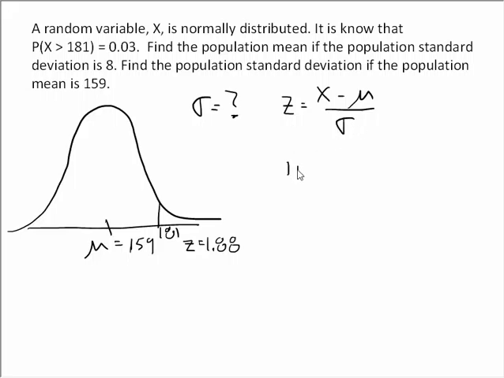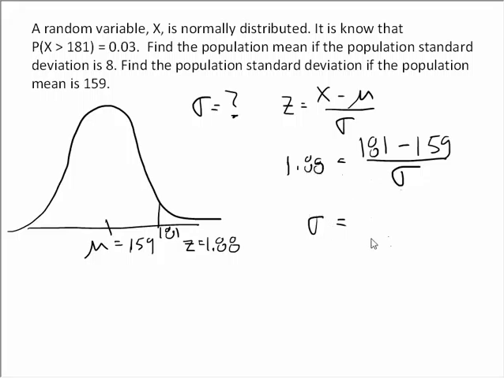So z, 1.88, is equal to our value of x, 181, minus the population mean 159, over our unknown. If we cross multiply, it's the same as I can just flip these around.